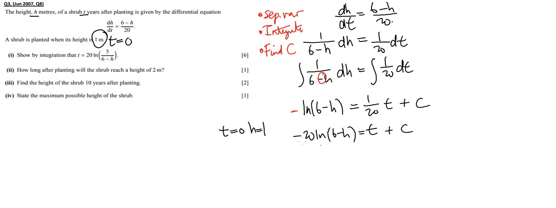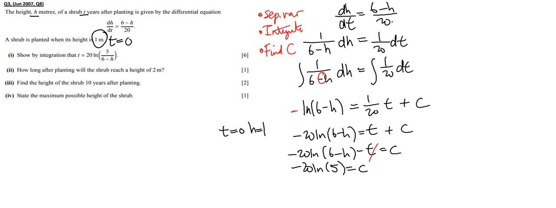Let's subtract t to make c the subject, so I've got minus 20 ln of (6 minus h) minus t equals c. Well, t is 0, so we can just cross that out. And h is 1, so that means we've got minus 20 ln of 5 equals c. So now we've found our constant.